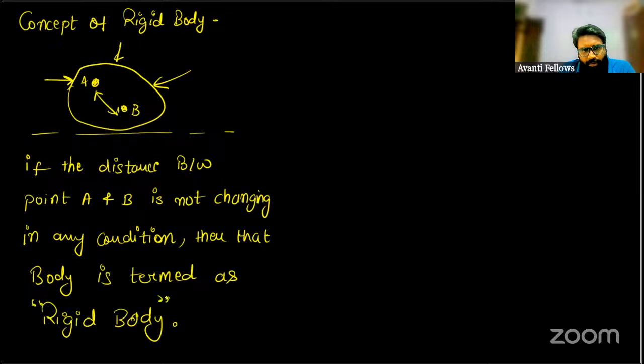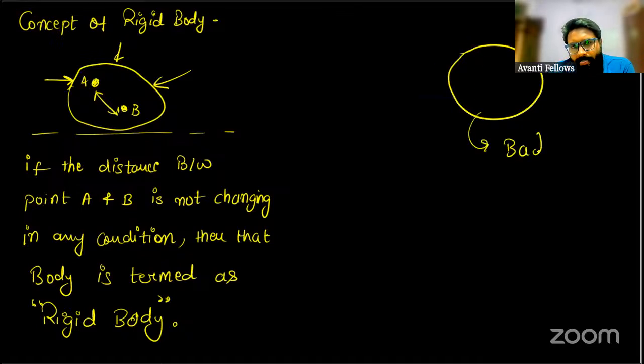Till now, whatever body we have considered in kinematics or in Newton's laws of motion or any chapter that you have seen, these types of bodies are rigid bodies that we have been considering. But in real life, let's say this is a cricket ball.